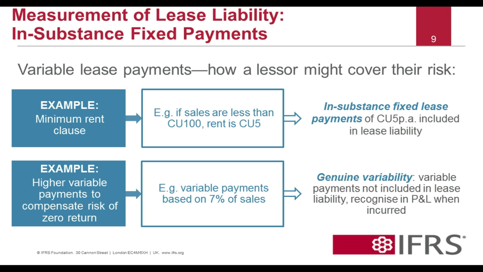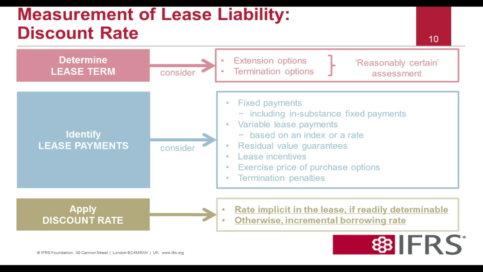That might be by way of a minimum payment term, as we've discussed here, or it might be similar to the scenario we looked at on slide 5, when a lessee has a set of options, but each of those options result in a payment being made. In these cases, because there is no genuine variability, something needs to be recognised on the balance sheet. So in short, if it is impossible for the lessee to avoid making a payment, then that payment needs to be included in the measurement of the lease liability.